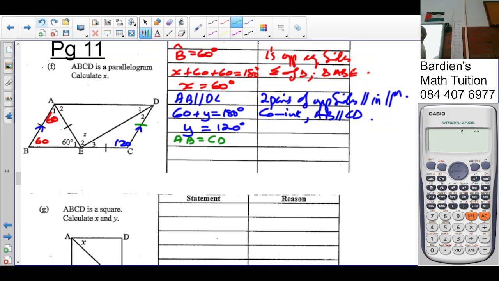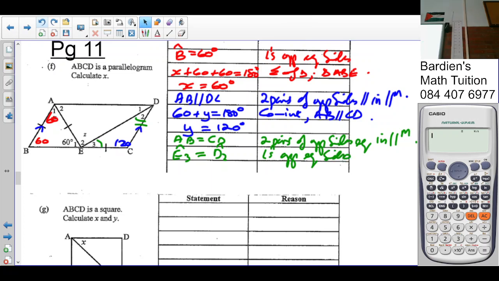Why? Because two pairs of opposite sides are equal in a parallelogram. So the angle E3 is equal to D2, because angles opposite equal sides.